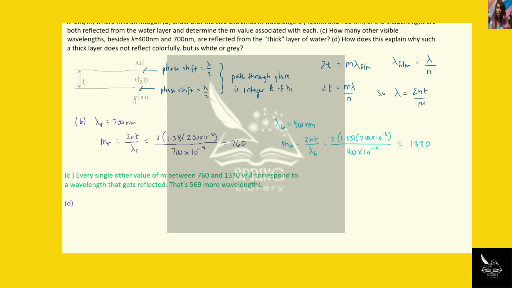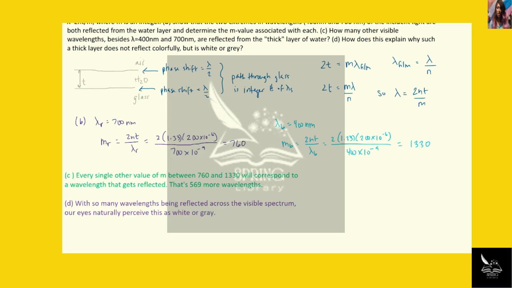So with so many wavelengths being reflected across the visible spectrum, our eyes naturally perceive this as white or gray.